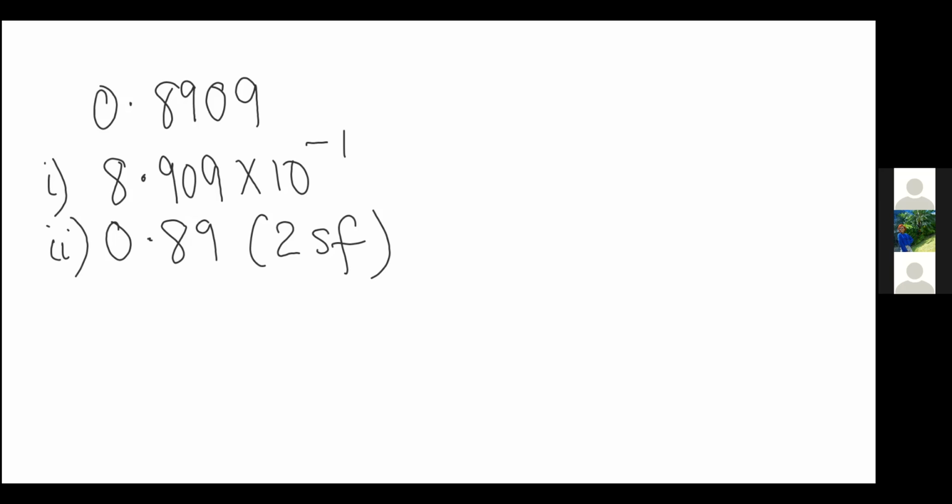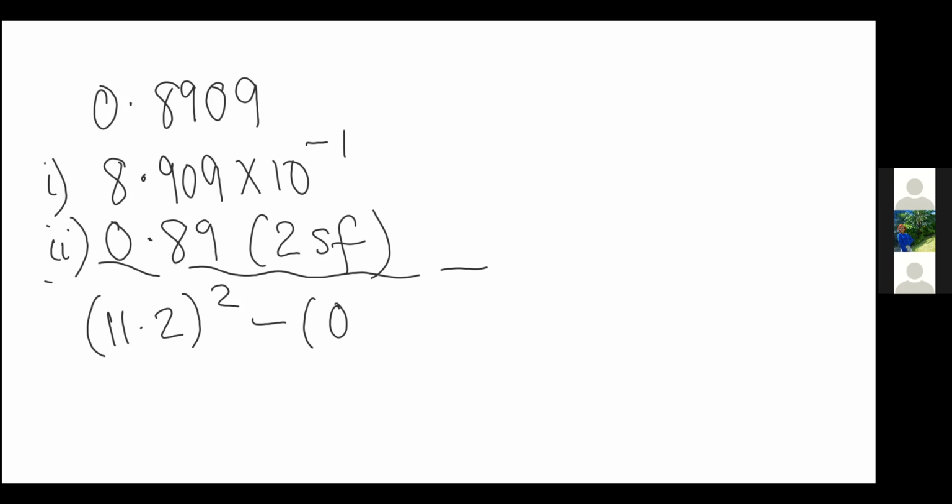We could move on to the other question immediately. That says, write the value of 11.2 squared minus 0.375 divided by 3. Again, we're seeing a bunch of things, so we are going to apply BODMAS, right?